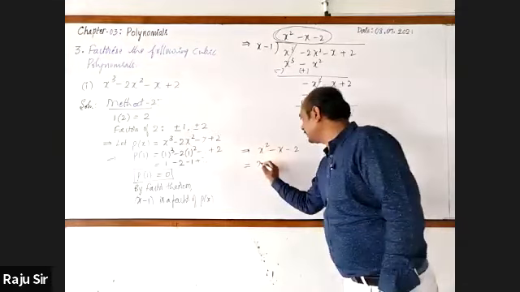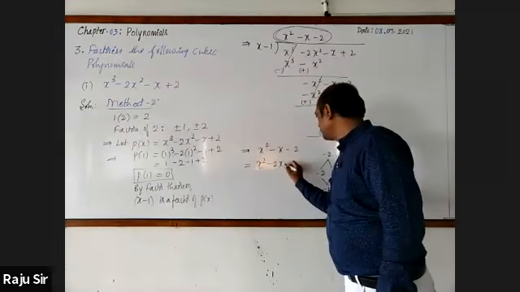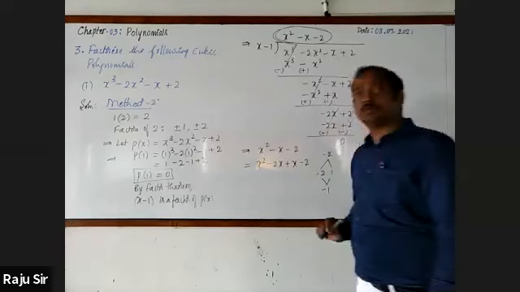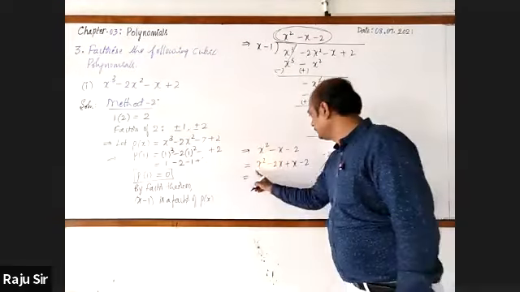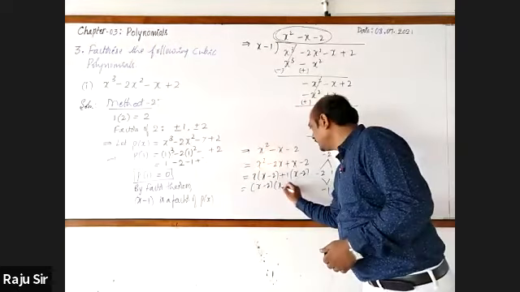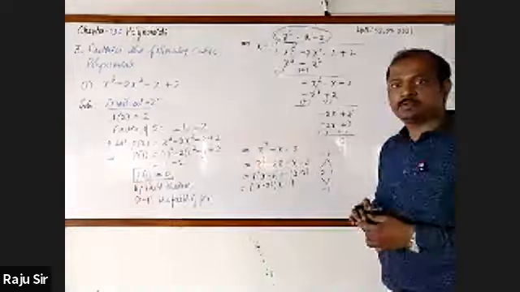Here I'll write x square minus 2x plus 1x minus 2. Grouping and taking common factors: here x is common, x minus 2. Here 1 is a common factor, x minus 2. The whole x minus 2 is a common factor. X plus 1.